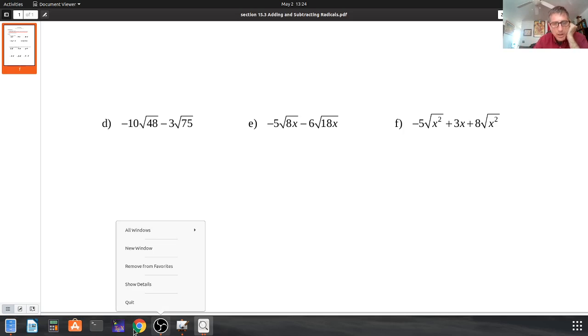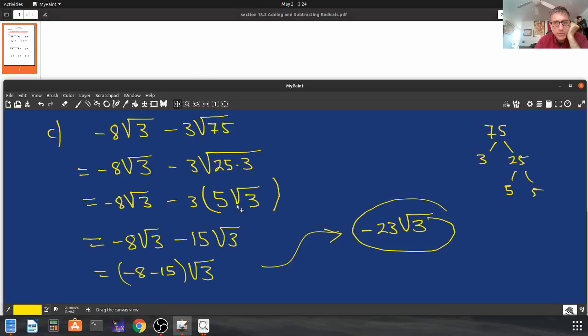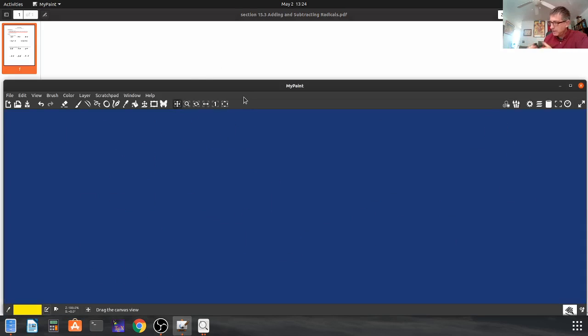That seems non-obvious that that could be simplified, but we'll see. So the next one was minus 10. I don't know what number it was. It doesn't really matter. Minus 10 on the square root of 48 minus 3 on the square root of 75.